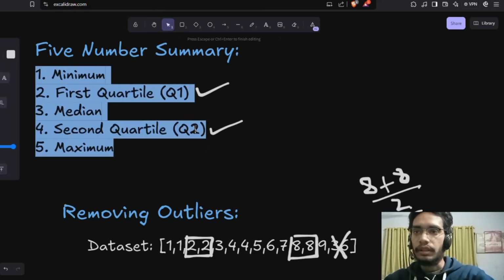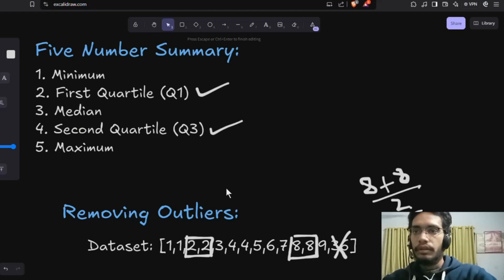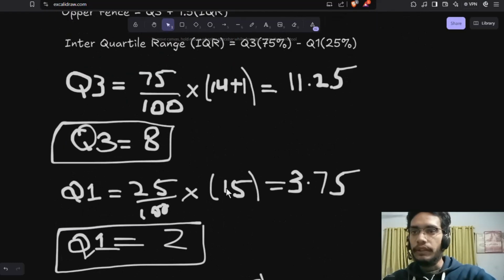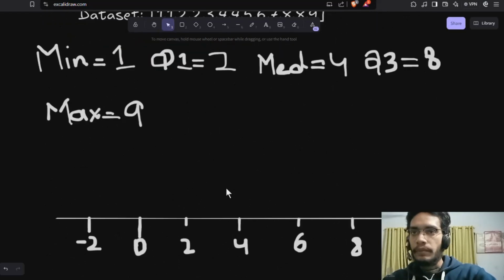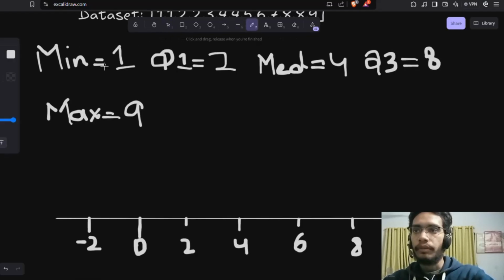So let me plot this. How are we going to plot this? The minimum value is 1, so 1 lies here. Let me place a line here.